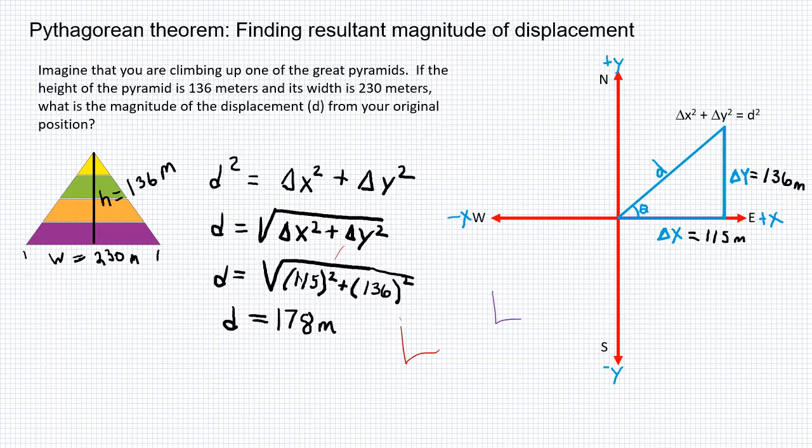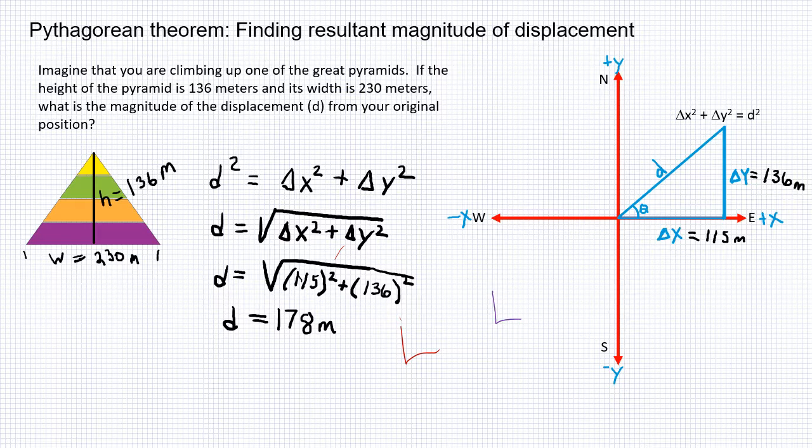Our width is not the width of the entire pyramid, because we're only taking half of it, so 115 is half of 230. So we've got two sides of our right triangle, 136 and 115. That's our A and our B. This is our C, or our D, our hypotenuse, and we can solve for that.